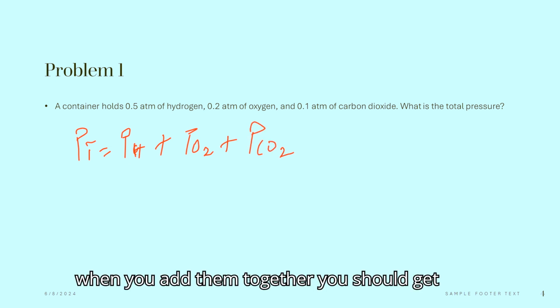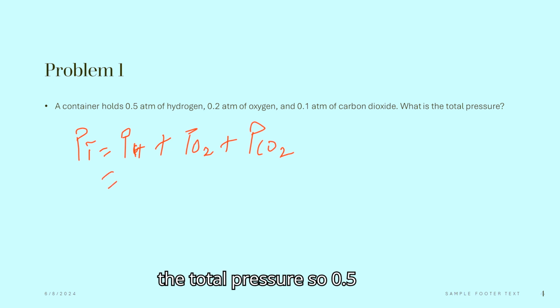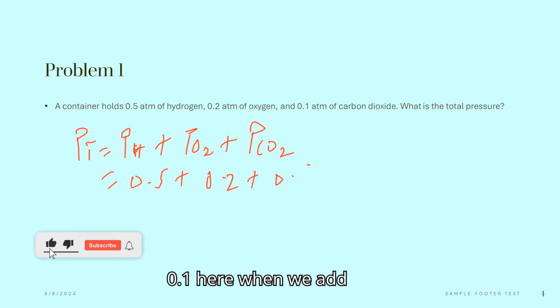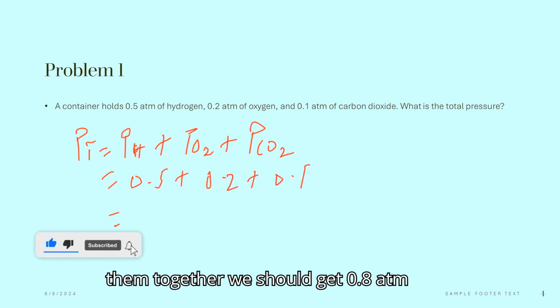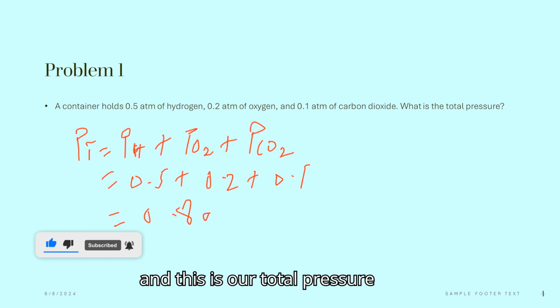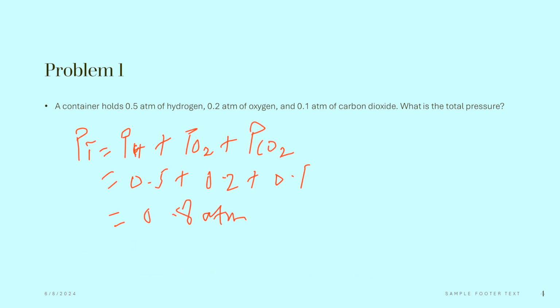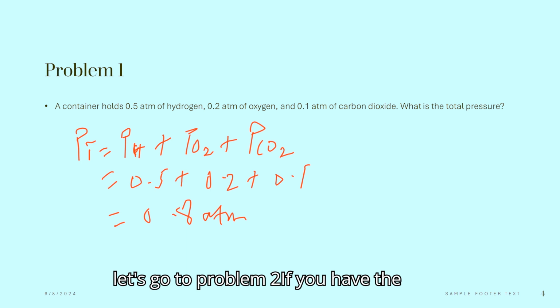And when you add them together, you should get the total pressure. So 0.5 plus 0.2 plus 0.1. When we add them together, we should get 0.8 atm. And this is our total pressure. Let's go to problem 2.